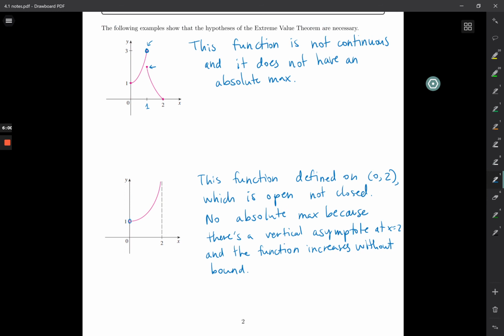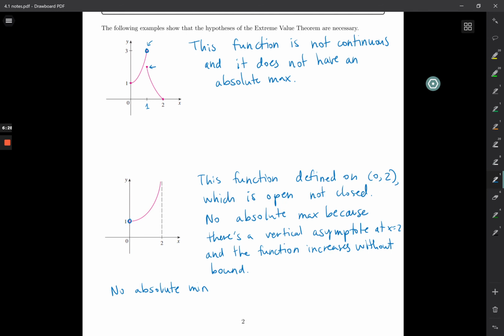And also, there's no absolute min, and it's for a similar reason to this first example that we talked about, and it's because there is this open dot, meaning that the function was decreasing all the way to this point. It was approaching 1, but it did not actually reach it, so it did not actually attain that minimum value.